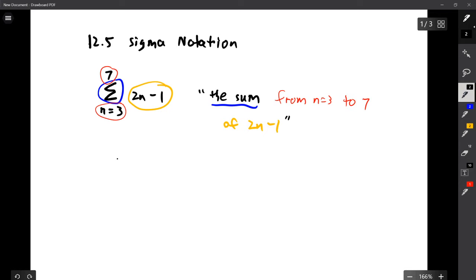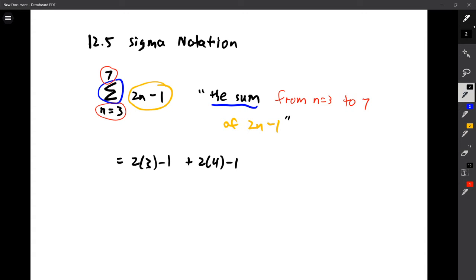The sum from n equals 3 to 7 of 2n minus 1. And here it is in its expanded form. Basically, it means start with plugging the bottom n value into the expression 2n minus 1. So this is going to be 2 times 3 minus 1, plus, then you go up integer values from there, plus 2 times 4 minus 1, because now we're plugging 4 in for n.